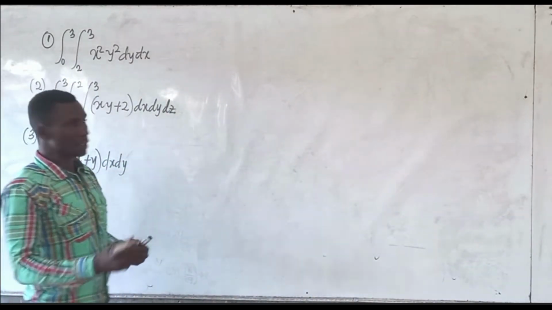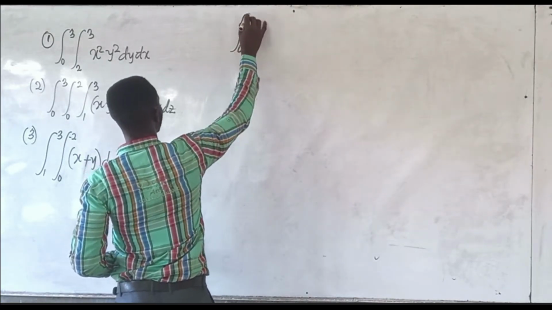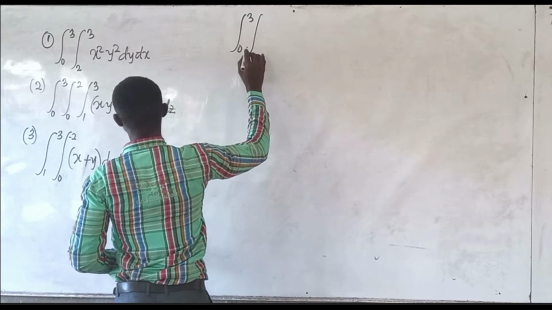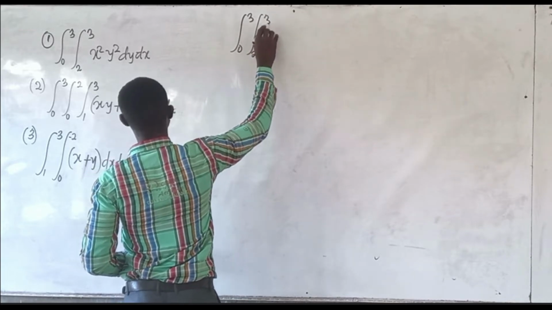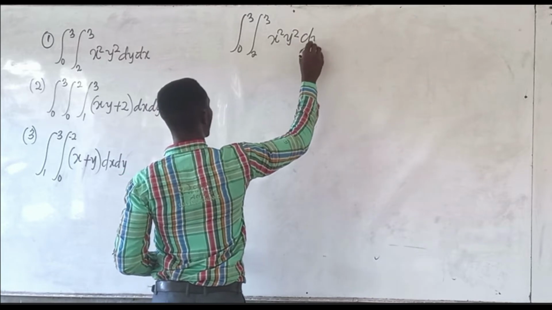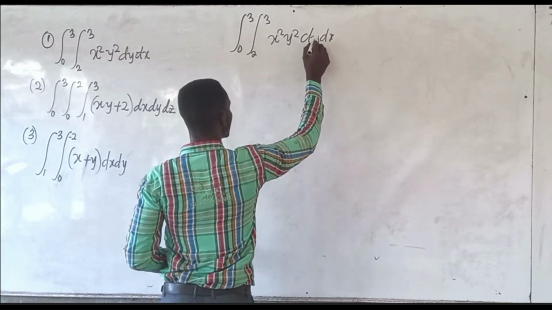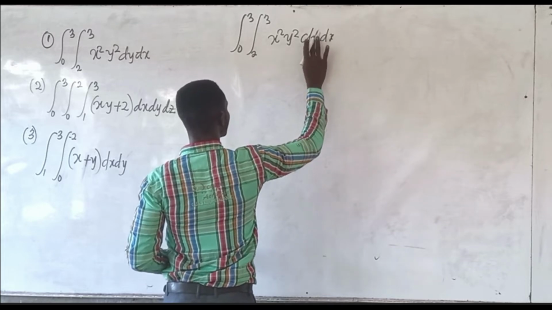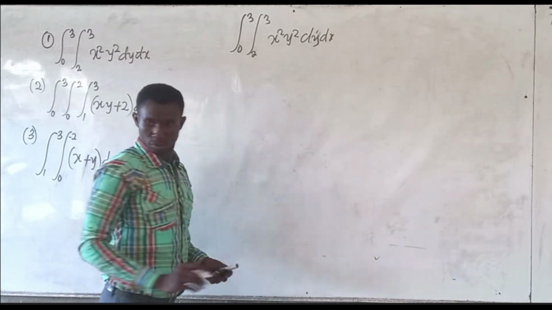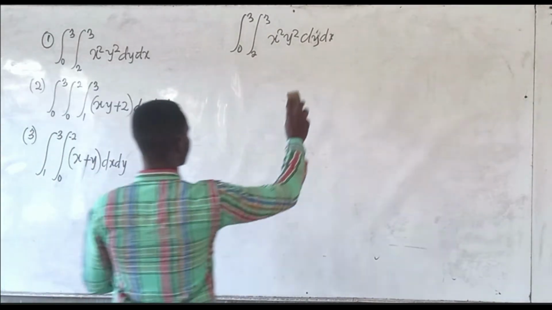First one, if you have the integral from 0 to 3, integral from 2 to 3 of x squared y squared dy dx. How do you go about this?